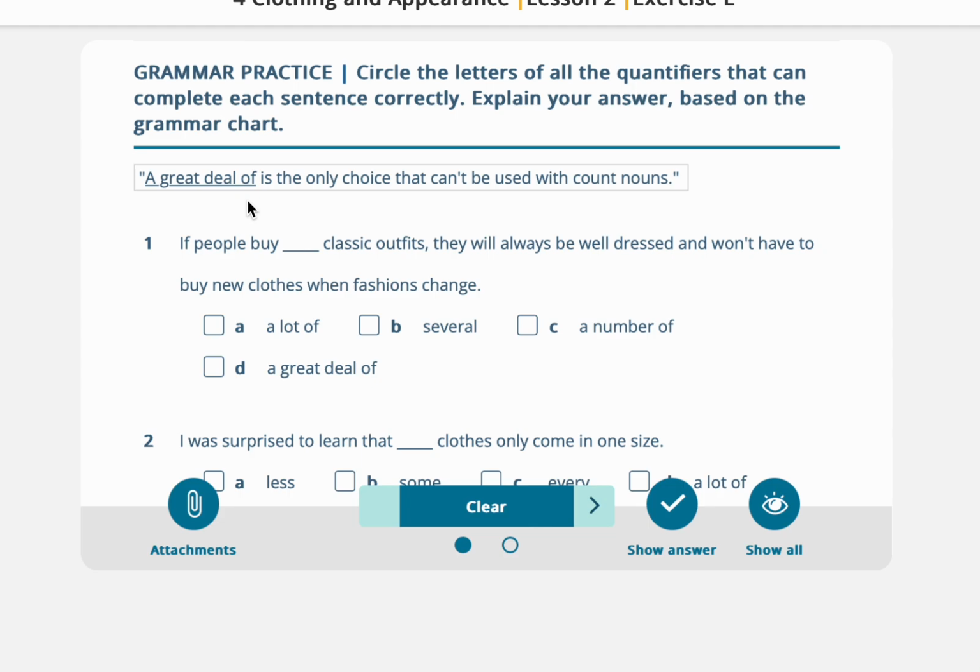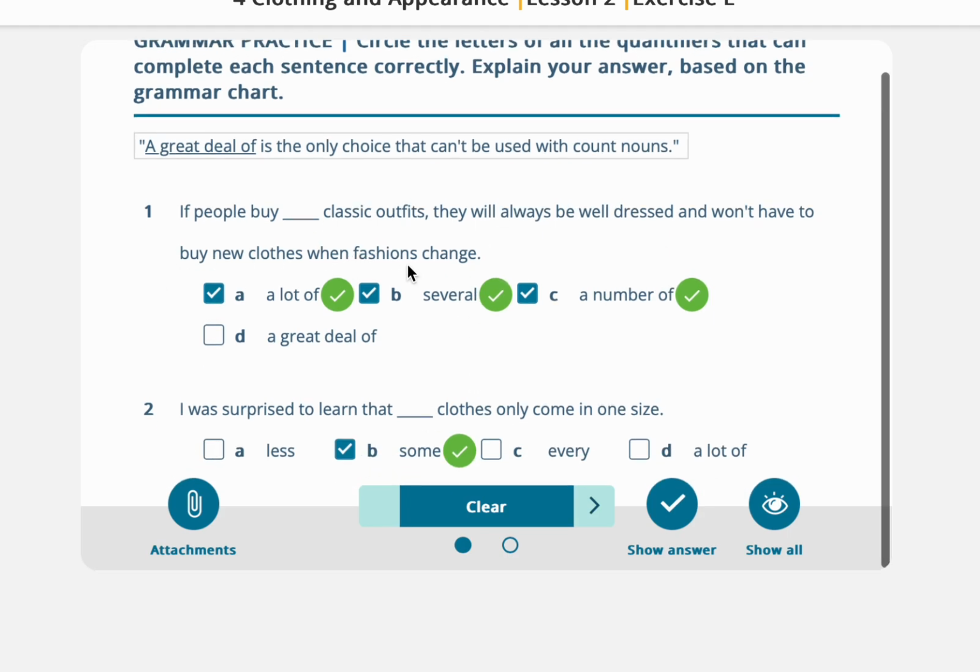A great deal of is the only choice that cannot be used with countable nouns. If people buy a lot of classic outfits or several classic outfits, a number of, they will always be dressed and won't have to buy new clothes when fashion changes. So we can use all of these.